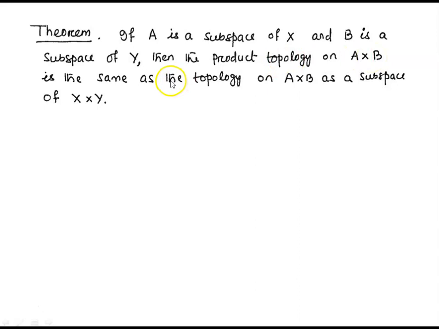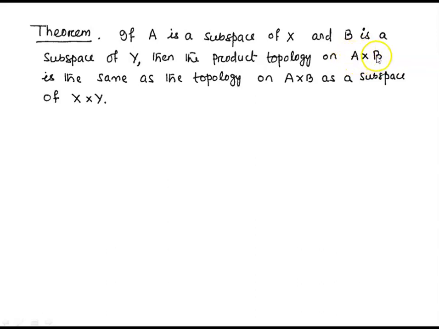In this theorem, we have to prove that the product topology on A cross B is the same as the subspace topology on A cross B as a subspace of X cross Y. Because this A cross B is a product of two subsets, it has a product topology on it.